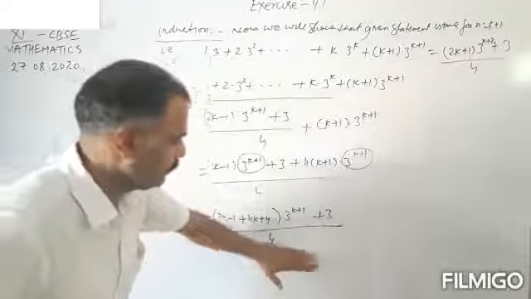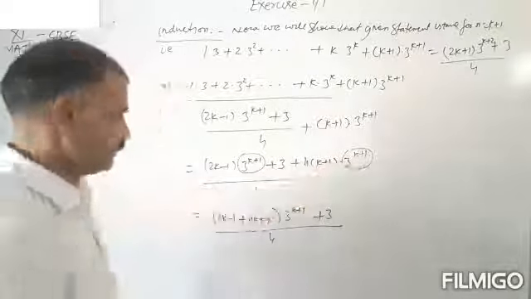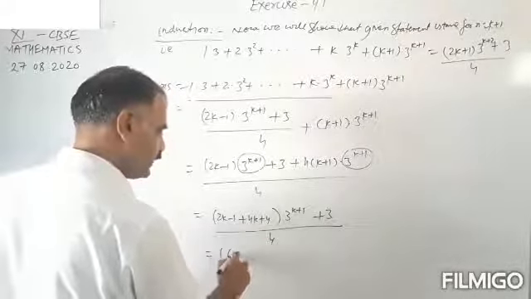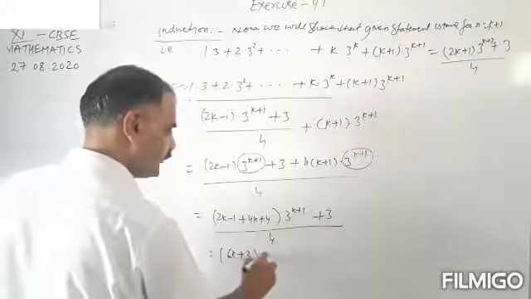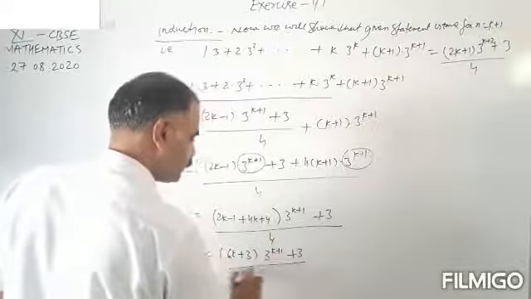Now this is equals to 2k plus 4k, 6k plus 3 multiply 3 to the power k plus 1 plus 3 upon 4.